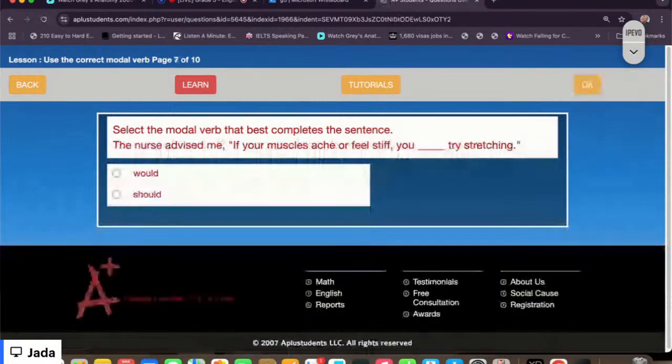All right, so that's it for our lesson on the modal auxiliaries. Can you tell me if you have any questions? Do you guys have any questions or not?